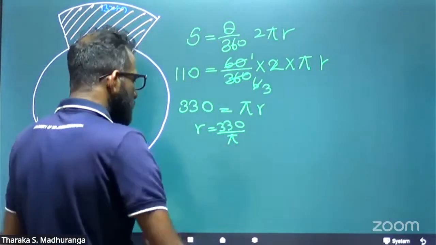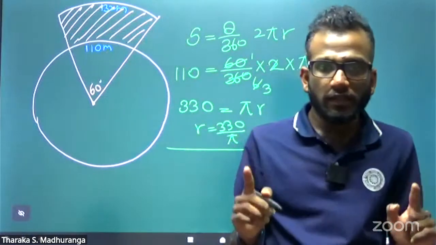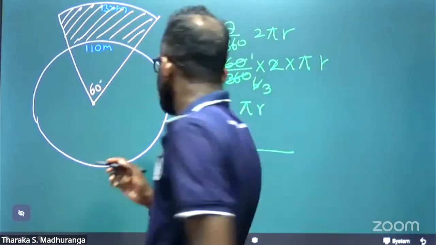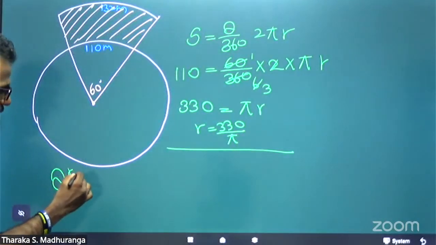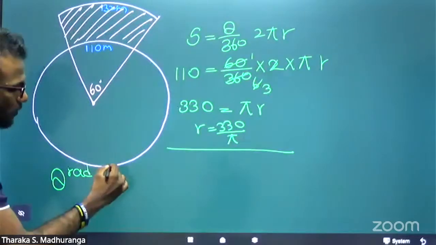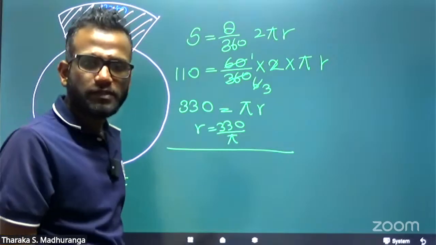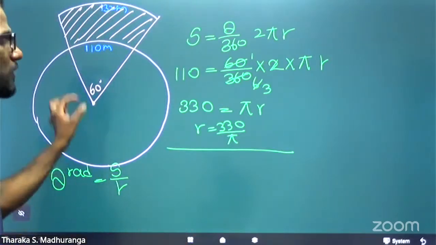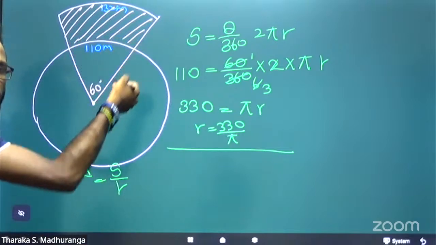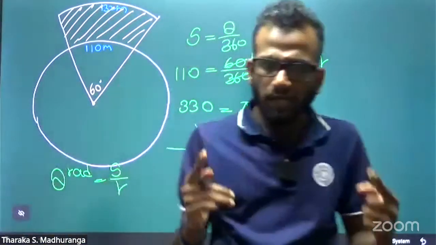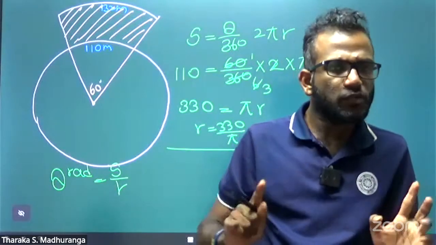You have another method. Last week I told you s equals r theta. Do you remember? Theta in radians we can find as arc length over radius, s over r.